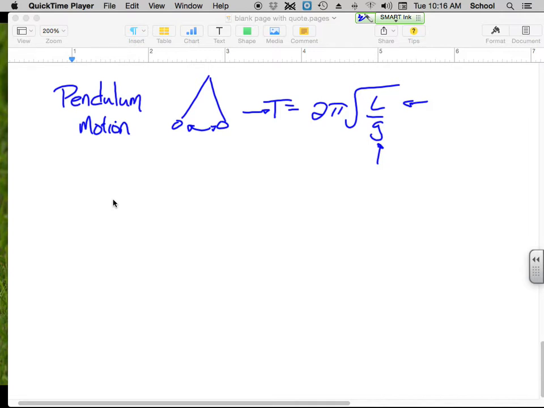Okay, and then we had the bouncing spring equation that looked really similar to this. It still had 2 and pi, except this time it had the square root of M over K, and K was how springy the spring is, the springiness.